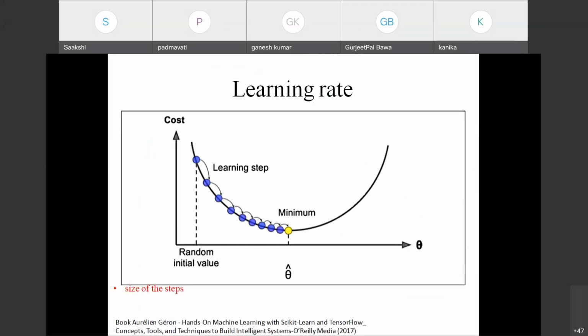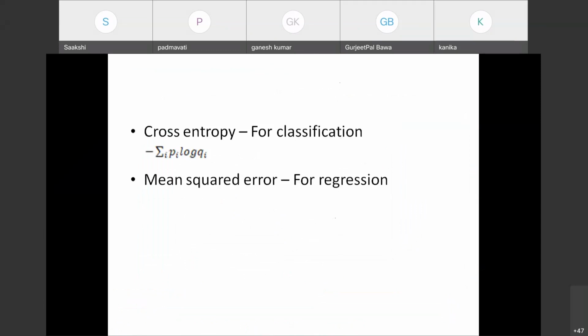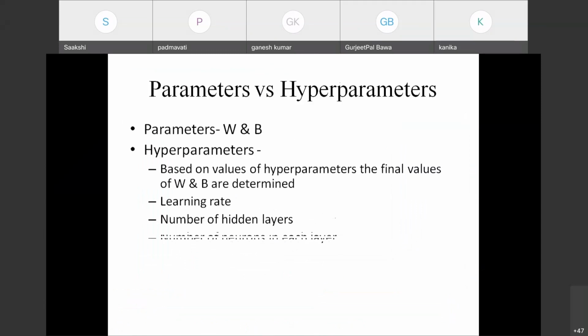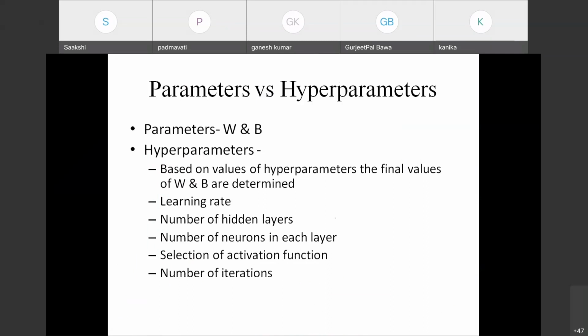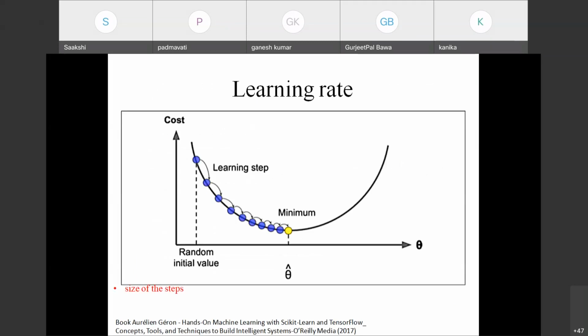Let's see about the hyperparameters. As we have discussed about the backpropagation algorithm, we have already used the learning rate in the equation. At that time, I asked you to assume some learning rate value as 0.2, 0.1, 0.01, and so on.